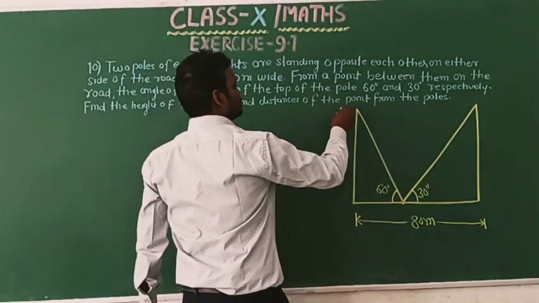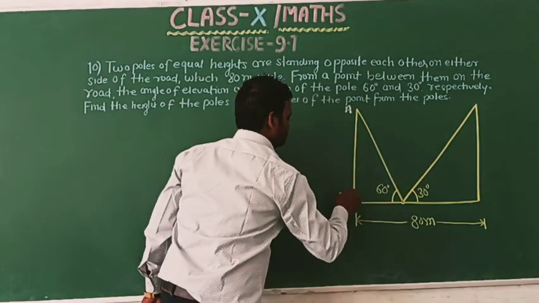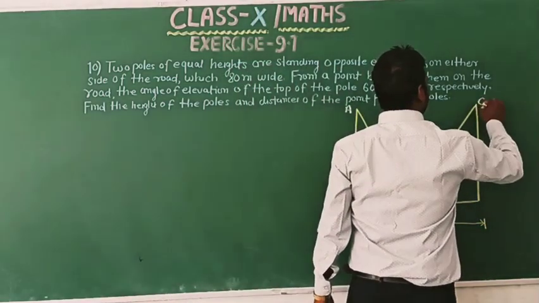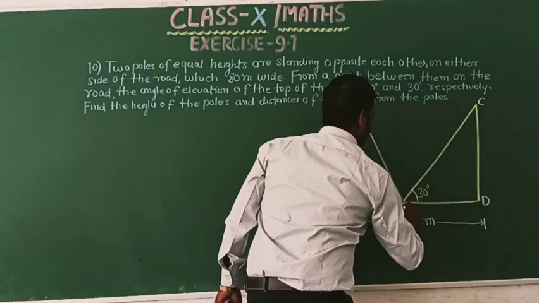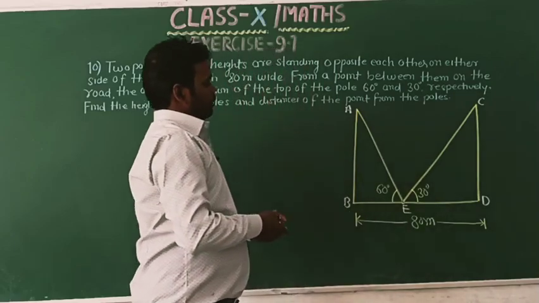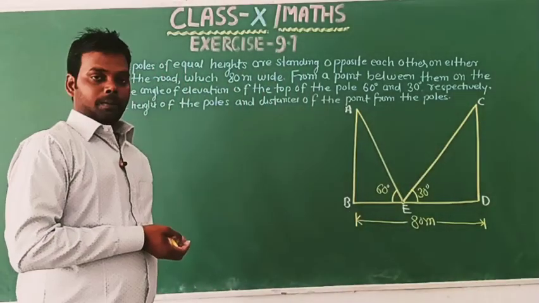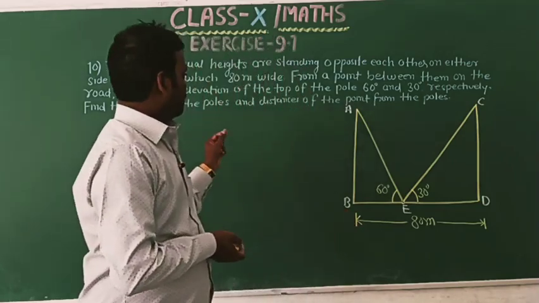So this is a point A, B, and this is C, D, and this is a point E. So children, this is the diagram of this question.